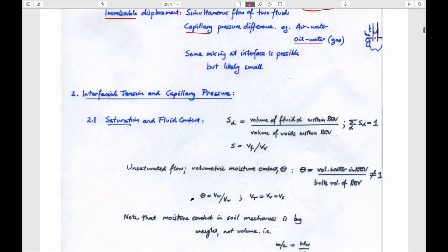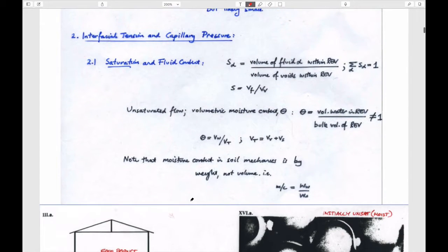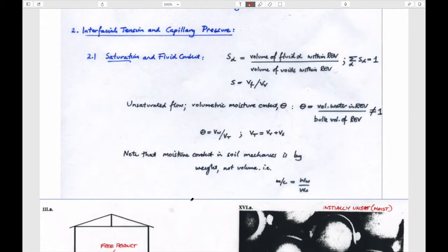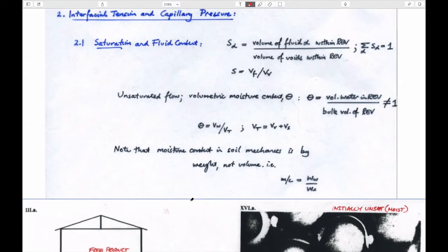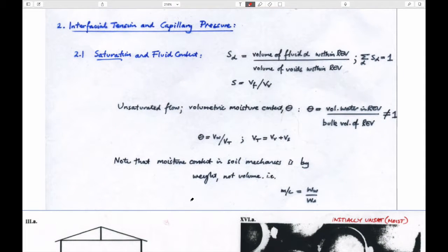So some definitions, I guess: interfacial tension and capillary pressure. We've used already the term saturation, and you probably know what that physically means. It's how much of the pore space is filled with a certain component. Saturation by definition is the volume of fluid that you have within the reservoir, or an aquifer in our particular case, divided by the volume of the void space.